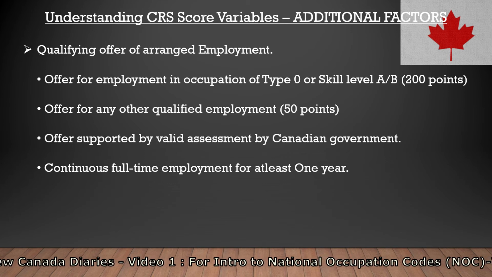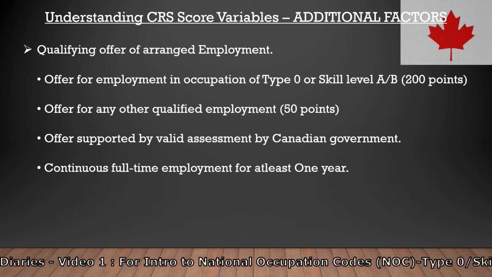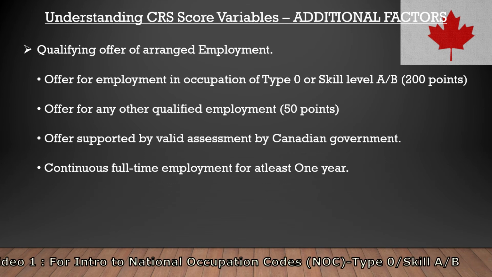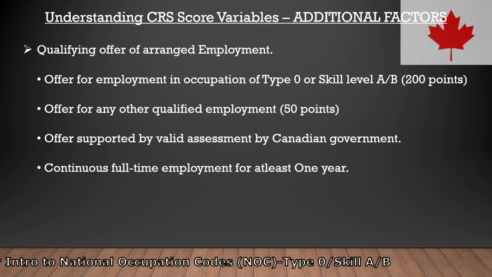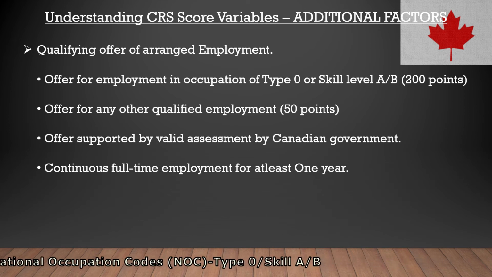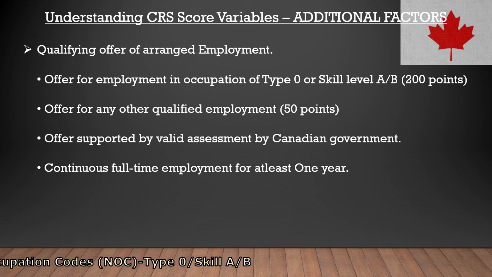If it is an offer other than type 0 or skill level A/B, basically for trades, you will get 50 points. The offer, whatever it is, when you receive from a Canadian employer, has to be assessed by Canadian government.